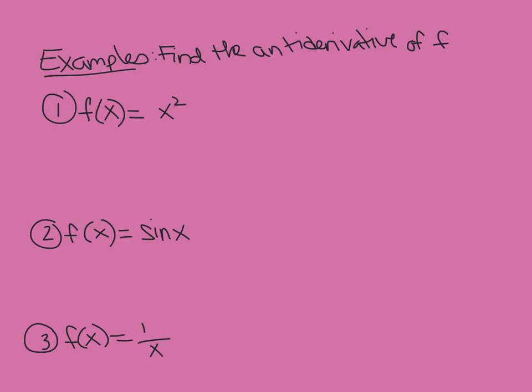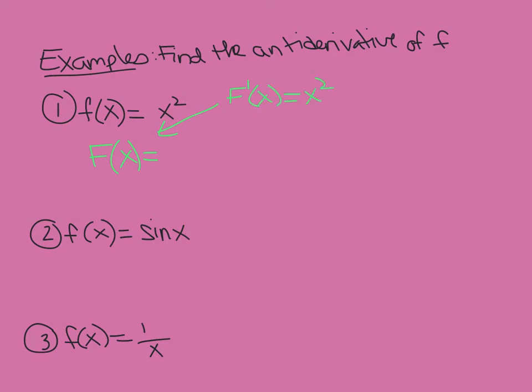So let's do a few examples together. For the first one, we are finding the antiderivative of f. I'm going to call it the capital F. We basically are looking for a function where if we were to take the derivative of that, we would get x squared.